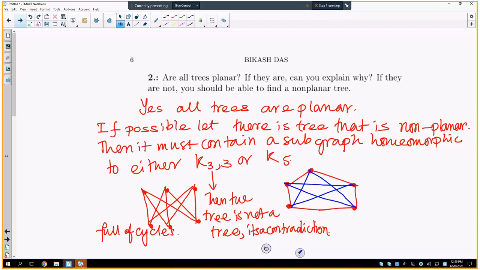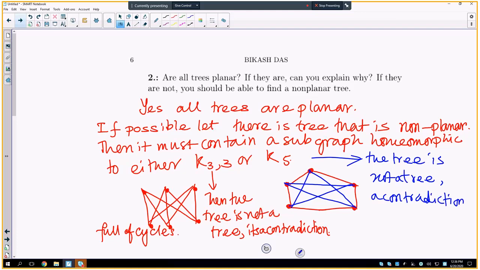So this situation also implies that the tree having a copy of K5 is not a tree because I have a cycle. Hence a contradiction as well. And that tells me whatever I pre-assumed is not true. And what I pre-assumed, that if possible, there is a tree which is non-planar, is not going to happen. So all trees are planar. A simple proof, but very elegant.